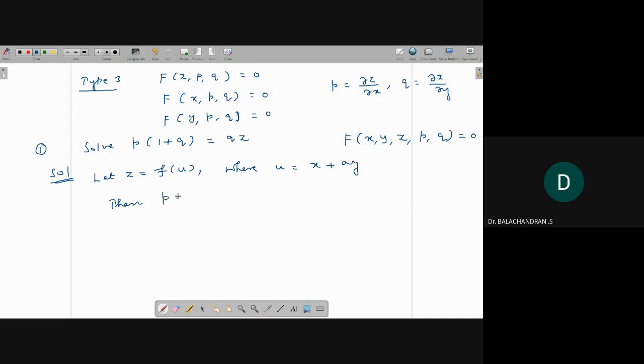Then p is dou z by dou x, which is equal to dou z by dou u into dou u by dou x. Z is a function of u, that's why I differentiate partially with respect to u, and then u is a function of x and y, so differentiating with respect to x.